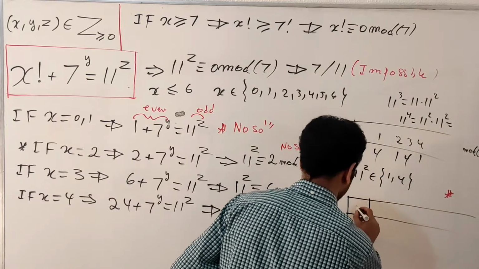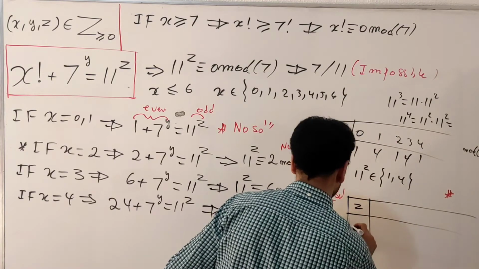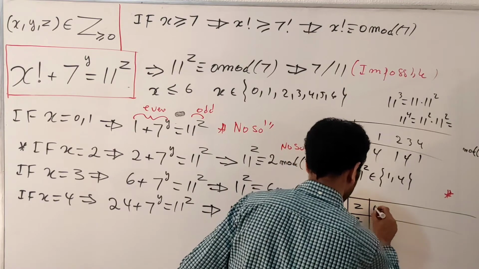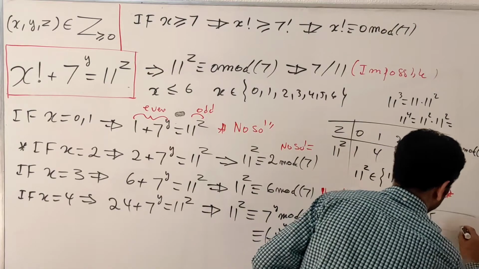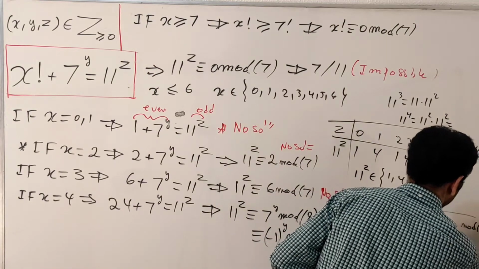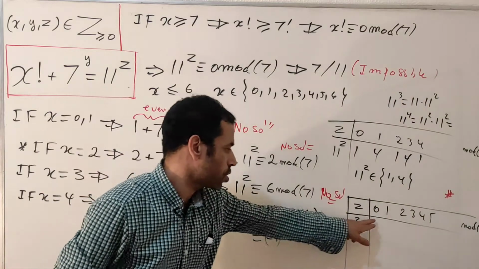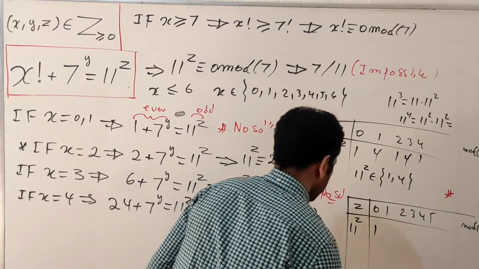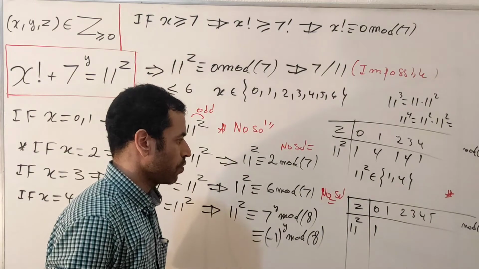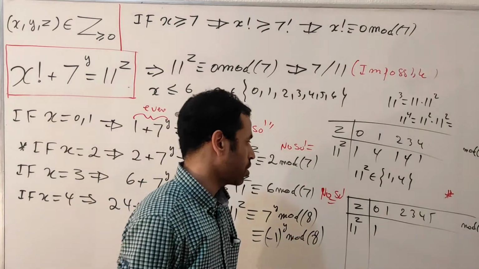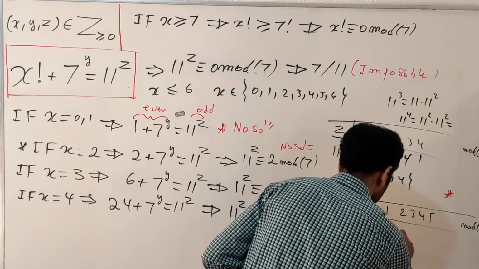Let's check with this by putting this chart over here. We will have z and 11 to the z, with 0, 1, 2, 3, 4, 5. This is reduced to mod 8. Checking those numbers, for 0, I will have number 1. For 11 to the 1, which is 11, 11 has 3 as a remainder over 8, which is 3.